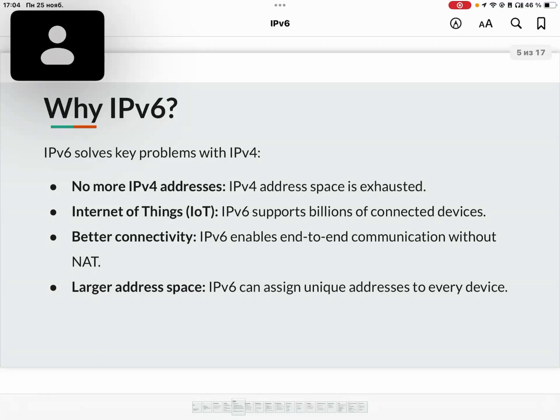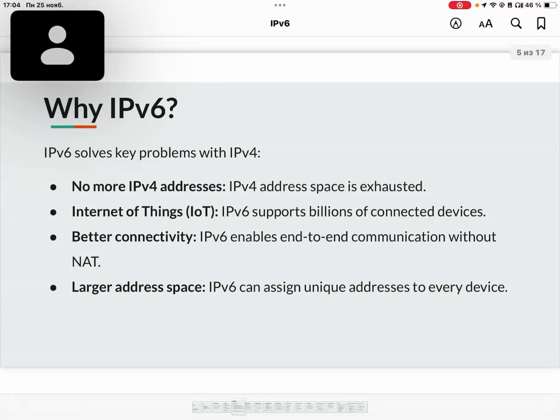How does IPv6 improve connectivity? IPv6 eliminates the need for NAT because it has a virtually unlimited address space, allowing true end-to-end communication between devices, simplifying applications like VoIP, online gaming, and remote access, and improving network performance by reducing overhead caused by NAT.